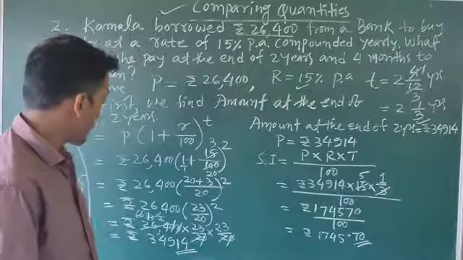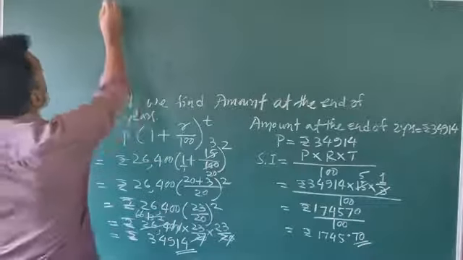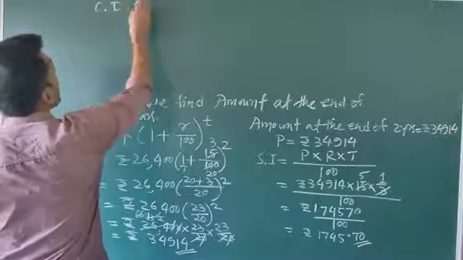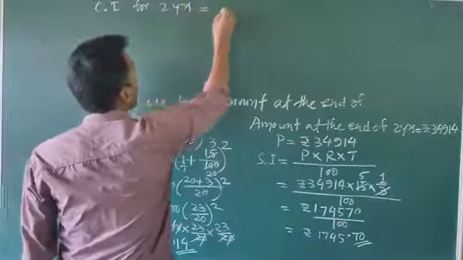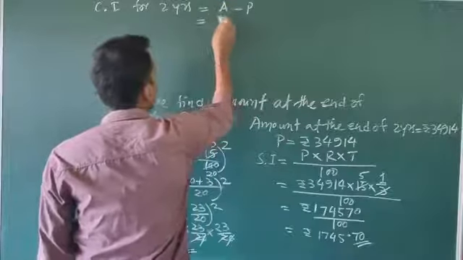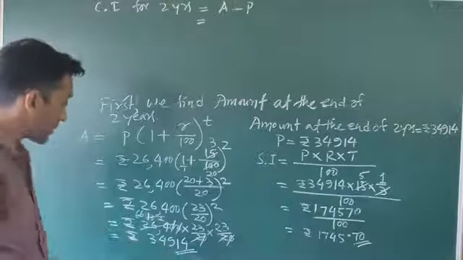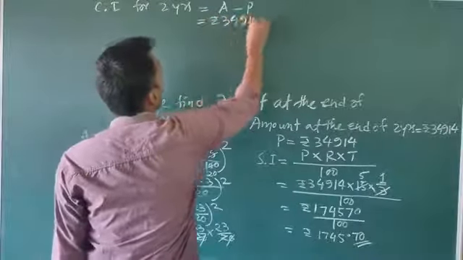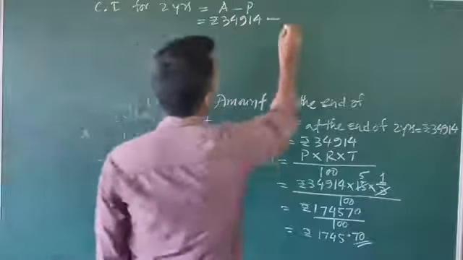Now we will find the compound interest for 2 years: amount minus principal. The amount after 2 years is 34,914 and the principal is 26,400.